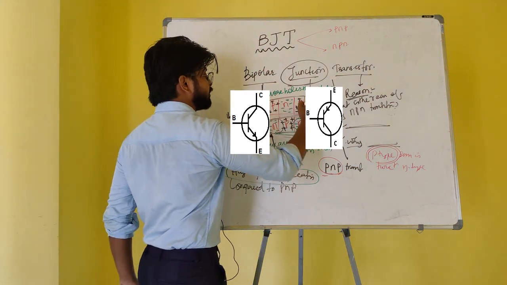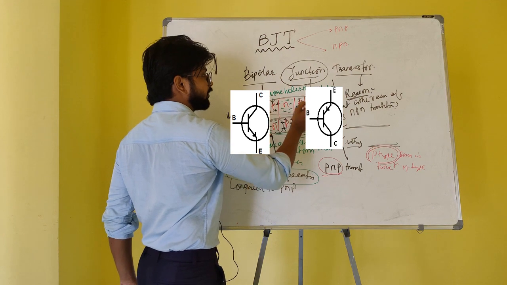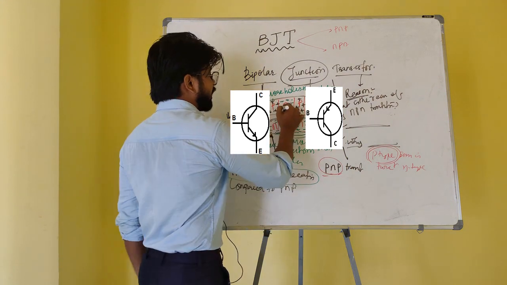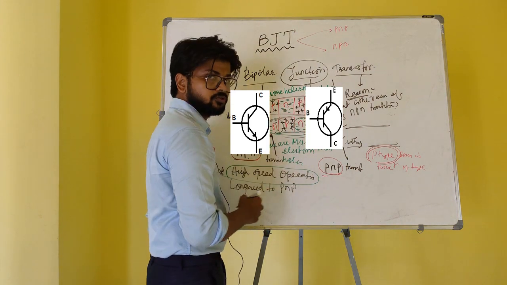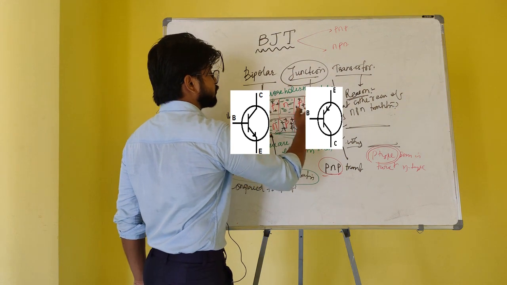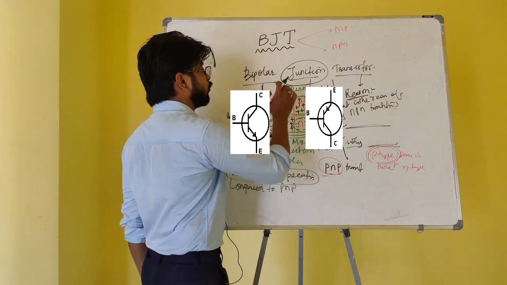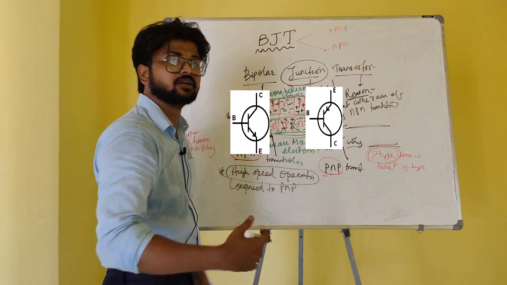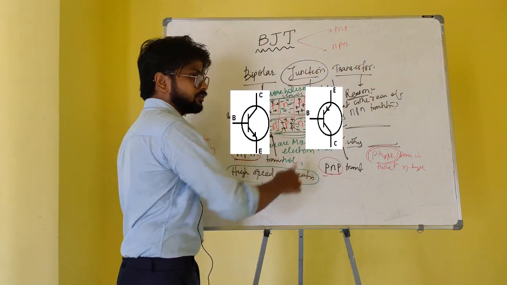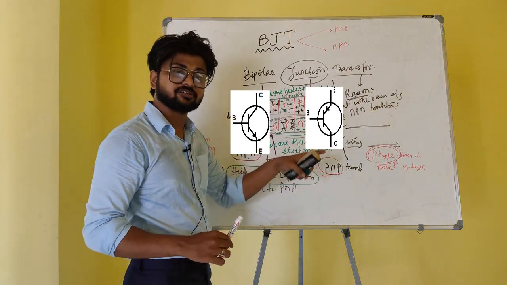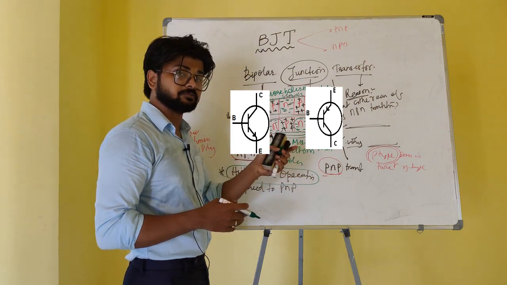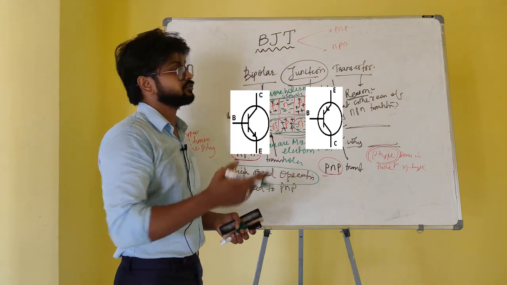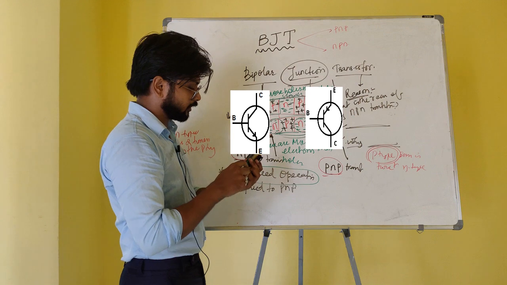But in a PNP transistor, there are more holes than electrons, and electrons have higher mobility as compared to holes, so the concentration of holes being more makes it slower. The PNP transistor is slower as compared to the NPN transistor, but still PNP transistors are used in other applications where this kind of property is required, and we'll discuss that later.